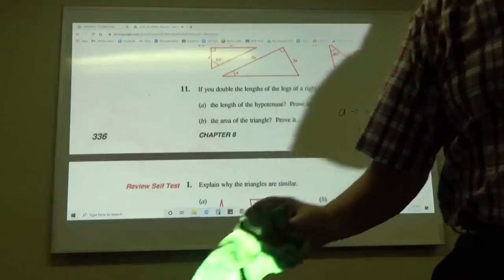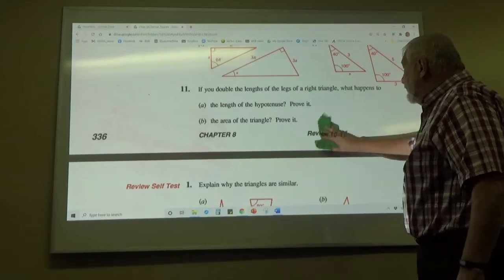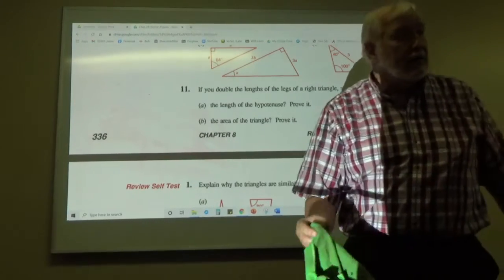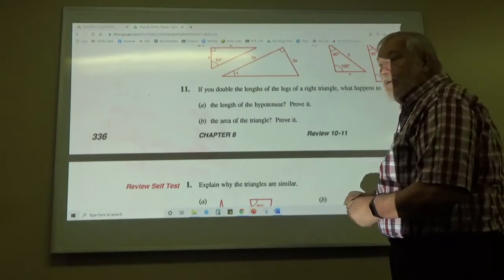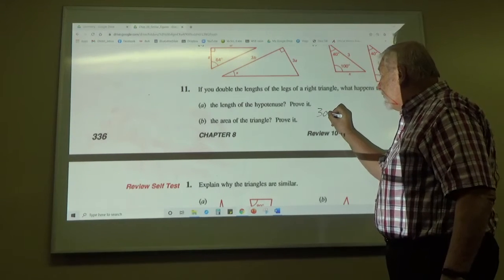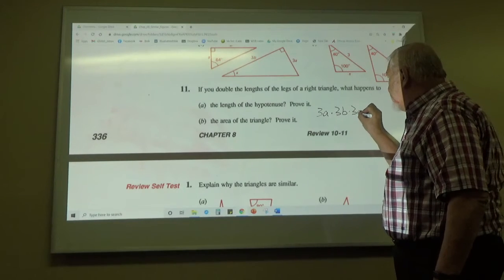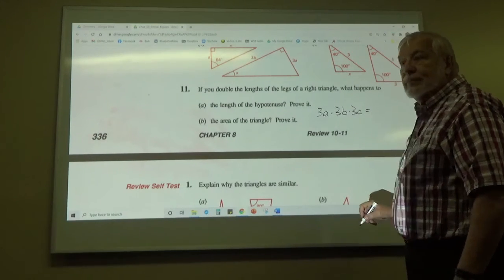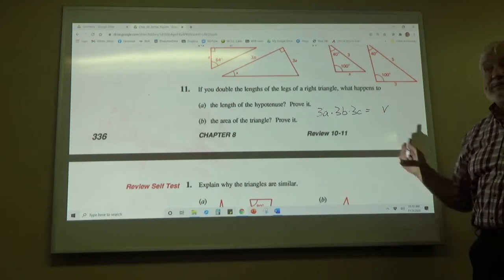Now, what happens if you have volume? How do you find volume? It's length times width times height, right? So if the first one is tripled, I'd have 3a, and the second one is tripled, and the third one is tripled. Then what happens to the volume, which is a times b times c?